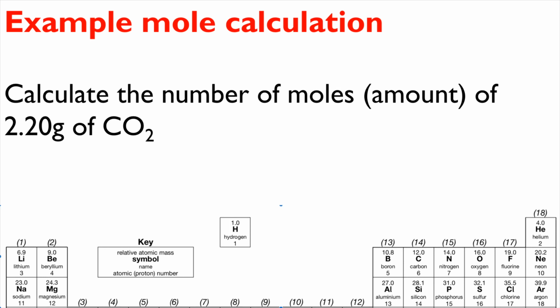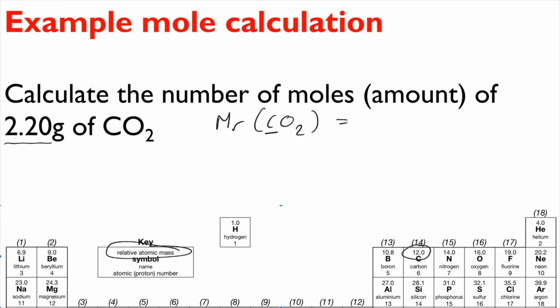So an example calculation, the really basic calculation, is how would we calculate the number of moles of 2.20 grams of carbon dioxide. The first step is we need to work out the Mr of CO2. I've put a little bit of the periodic table here. Remember, it's the relative atomic mass, so it's the top number we need.